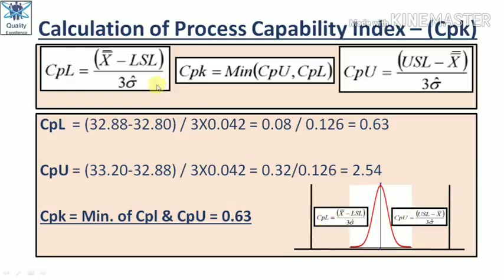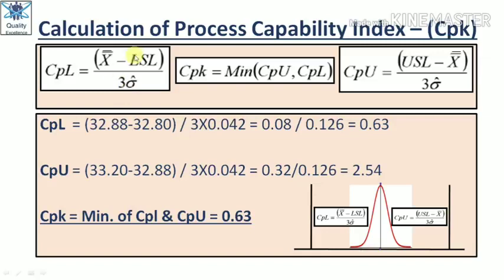So what is the formula of that? The concept of the formula is the same as CP. This is the voice of customer upon process width. Here, as we have bifurcated with respect to process mean, the formula will be X double bar minus LSL upon 3 sigma. Because our process width total was 6 sigma, so on the left side it will be 3 sigma and on the right side it will be 3 sigma.